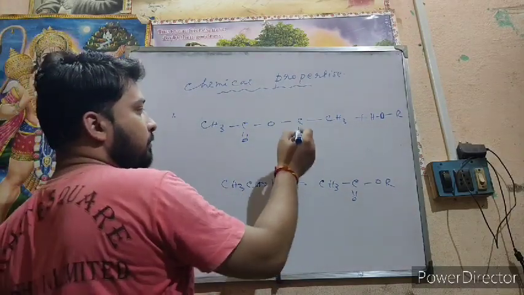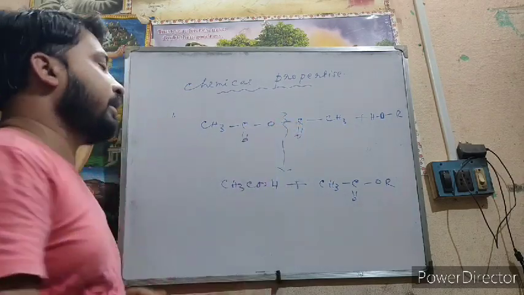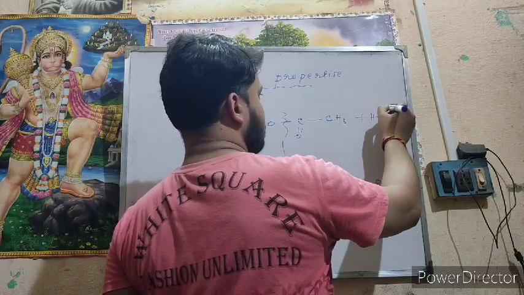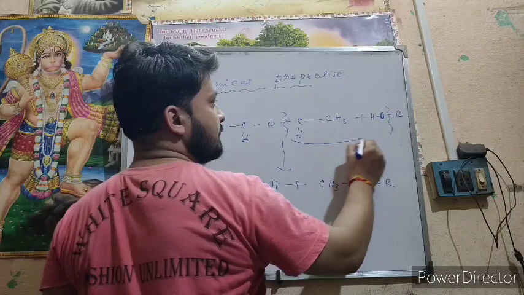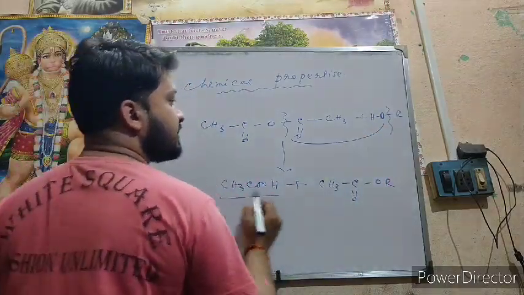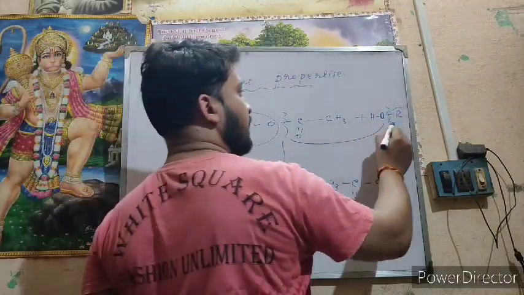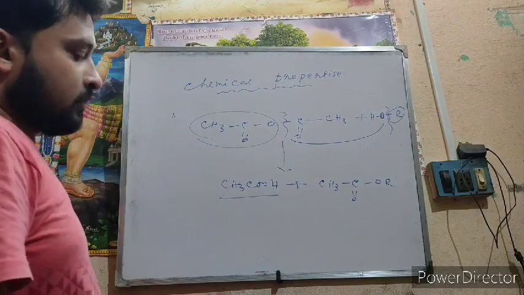You break this bond and you break this also. So this is CH3COOH, that is acetic acid, and this is CH3COO with this R, CH3COOR. Okay.